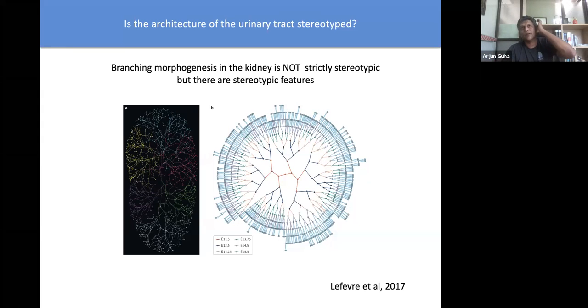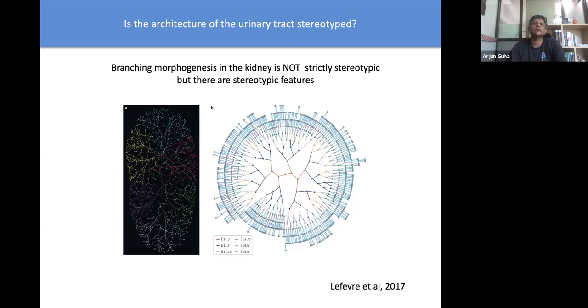Now, people in the last couple of years, and this work started in about 2013, culminating in a series of studies between 2015 and 2017, have shown that the kidney does not obey these rules. What that means basically is that if you looked at the formation of the collecting ducts in the kidney, you would find that the position of the collecting duct or its branching at any given point in time is not the same in one kidney versus another. And so what this means is that the branching morphogenesis in the kidney, unlike in the lung, is not strictly stereotypic.